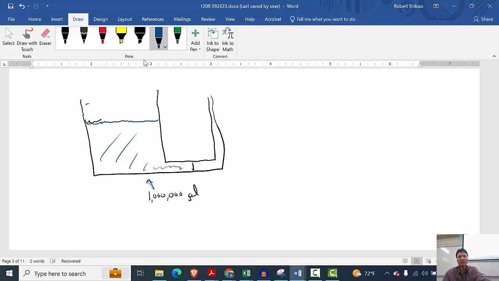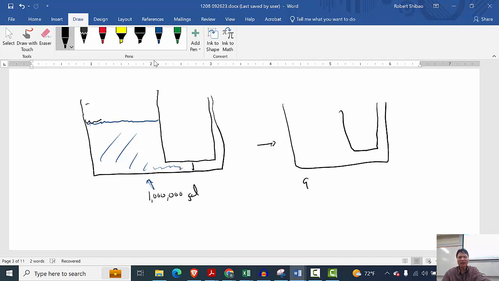And over on the right side, there's no water. And then I let this go, and when this goes, then I'll end up with, let's say, some scenario like this, where I have 999,999 gallons on the left and 1 gallon on the right.